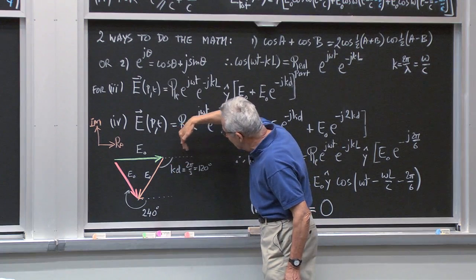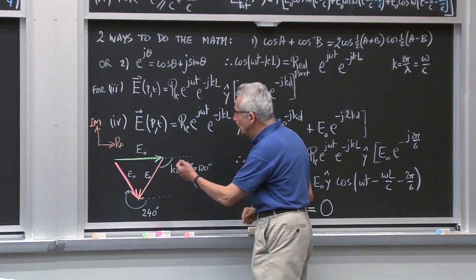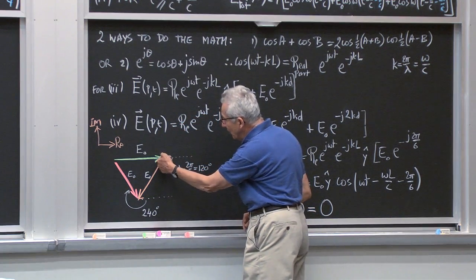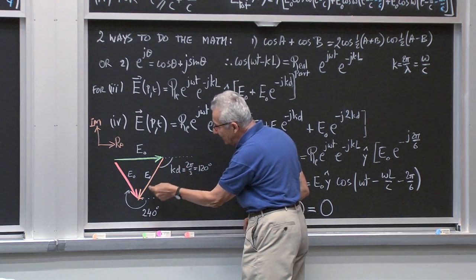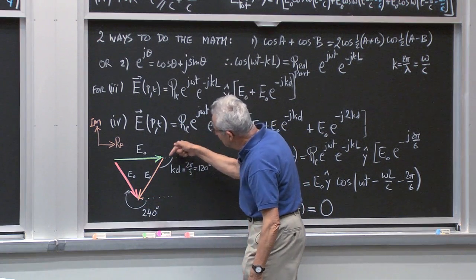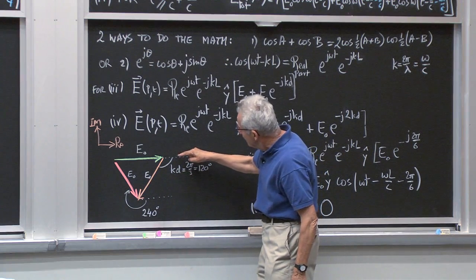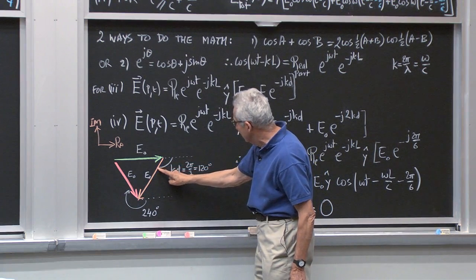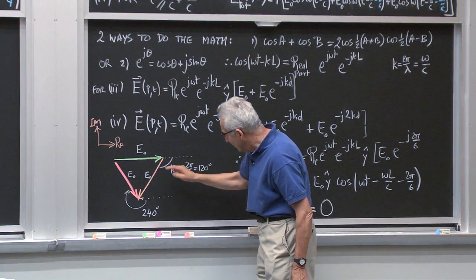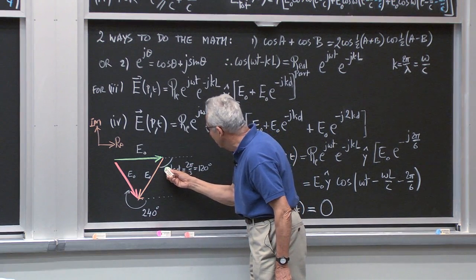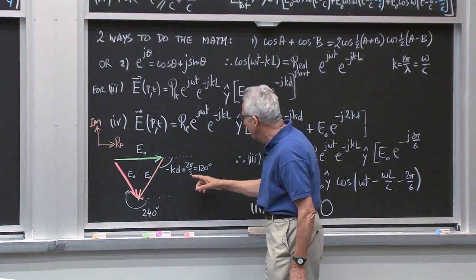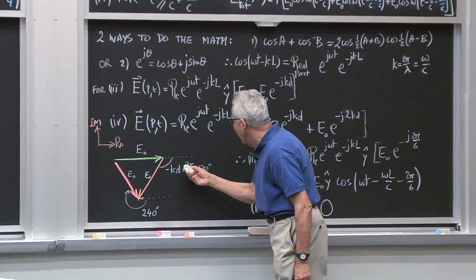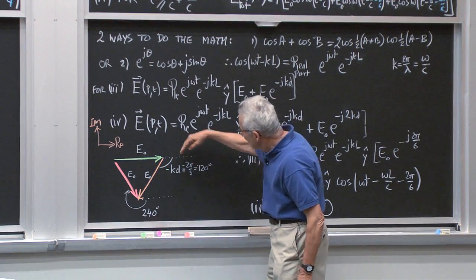So it's minus, so I'm going down. So it's a vector which has length E0, and it's pointing at an angle of minus kd. It's this angle, I suppose; not to confuse you, let me call it minus kd. Okay? This is minus and minus, just not to confuse you.